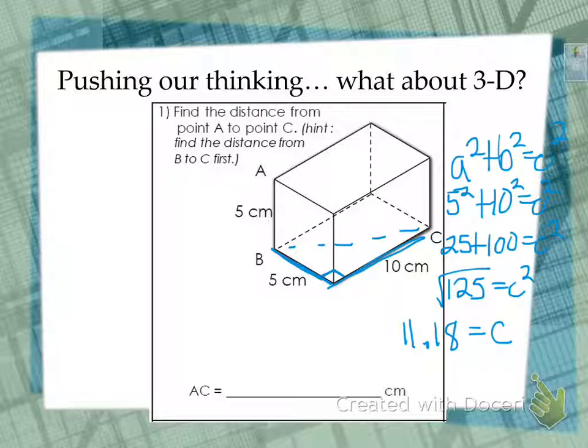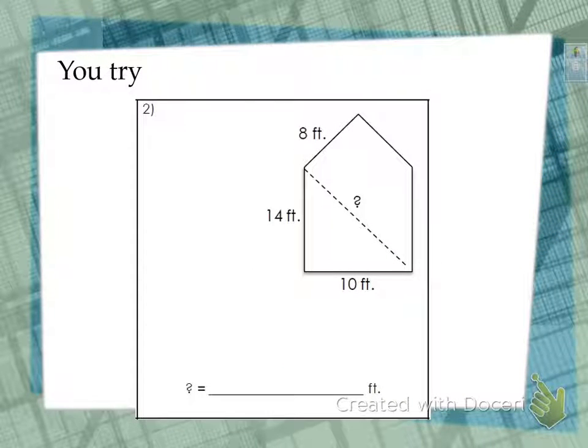And it does have that label there for me already, 11.18 centimeters. All right, please take a look at number 2. Pause your video and attempt this question, and when you are done, we will go over the answers.